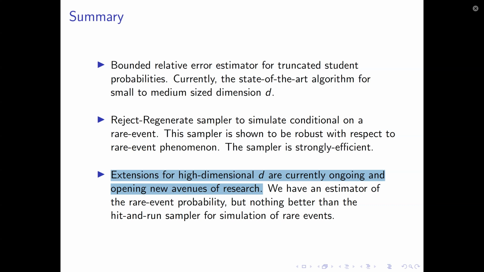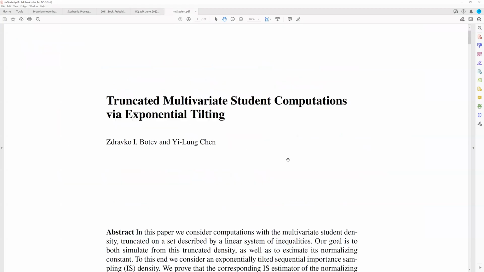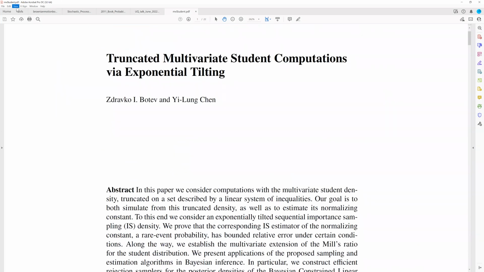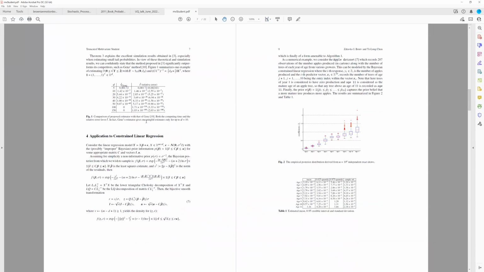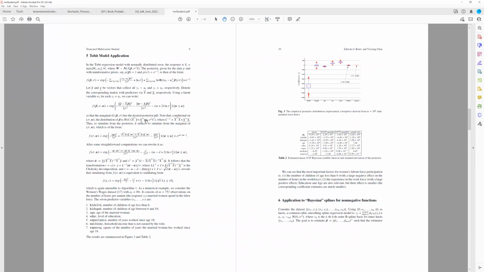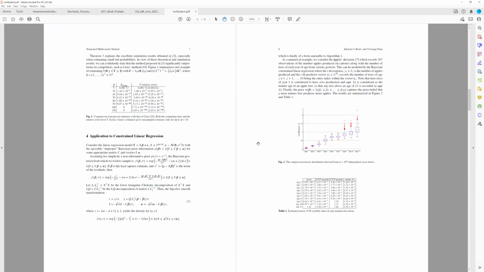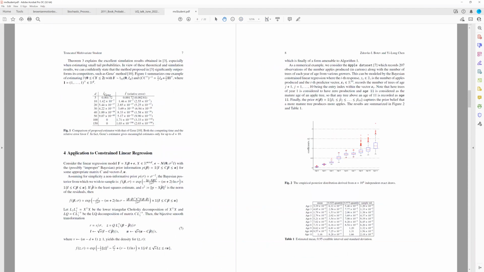Because in the talk I promised applications, and I seem to be doing well with time, let me quickly show this is the paper, which I can send to you if you're interested. The applications that arise are, for example, Bayesian applications to constrained linear regression. You may have a linear regression model in which the coefficients have to satisfy certain inequalities.